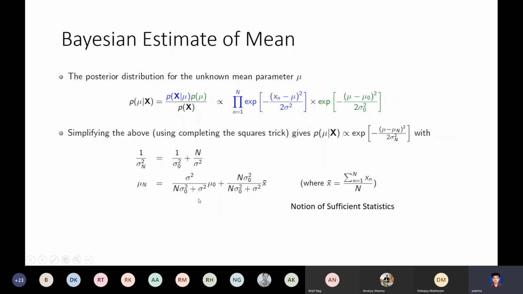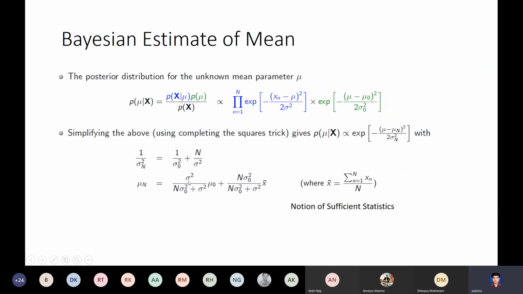And what are the weighting factors? The weighting factor for mu naught is sigma square by n, over sigma naught square plus sigma square by n. So higher the variance, higher is the weightage for mu naught. And the weighting factor for x bar is n sigma naught square. Note the difference. The denominator is the same for both mu naught and x bar.